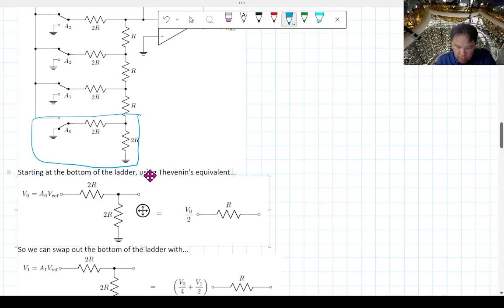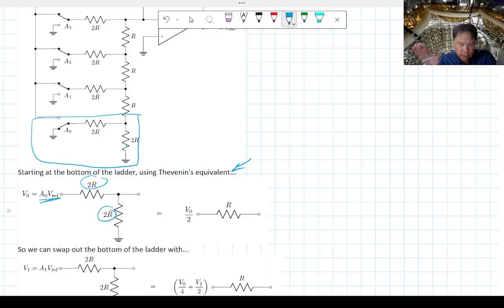Now we're going to go back to Thevenin's equivalent, so I'm not going to rederive all this for you. But you have 2R here as resistors, and you're just copying those down. And let's say you connected that switch.